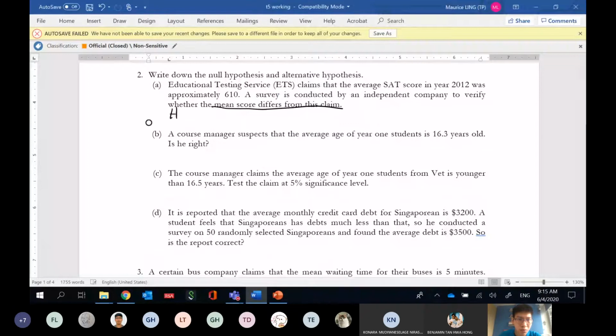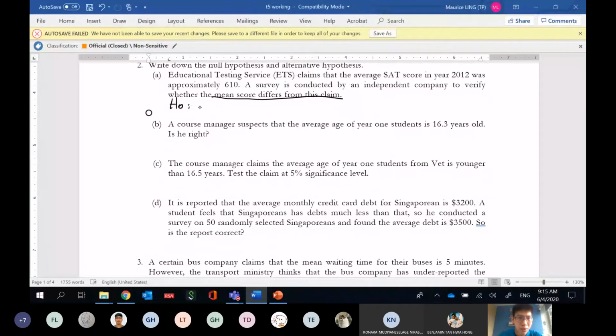Now for hypothesis, we use this simple H naught. So H naught is the score, and it says average score, right? So average SAT is 610. The alternate hypothesis can be HA or H1. It simply means that the average SAT is not 610. Correct.